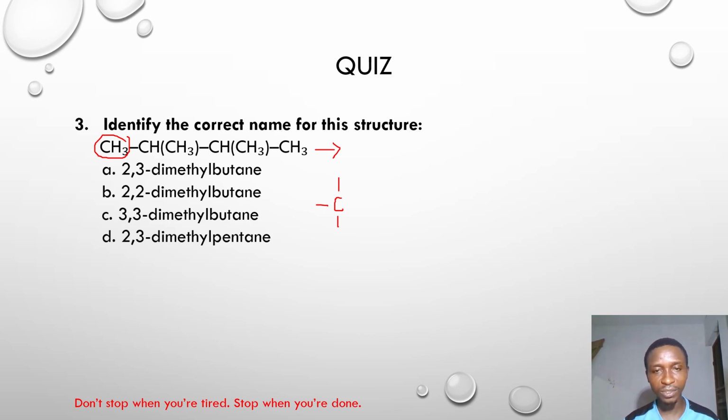Then we have CH. The moment we have just one H on a secondary carbon atom, we know that there must be a branch because the second hydrogen has been substituted by methyl. So this one will give us a branch chain, which is CH3.